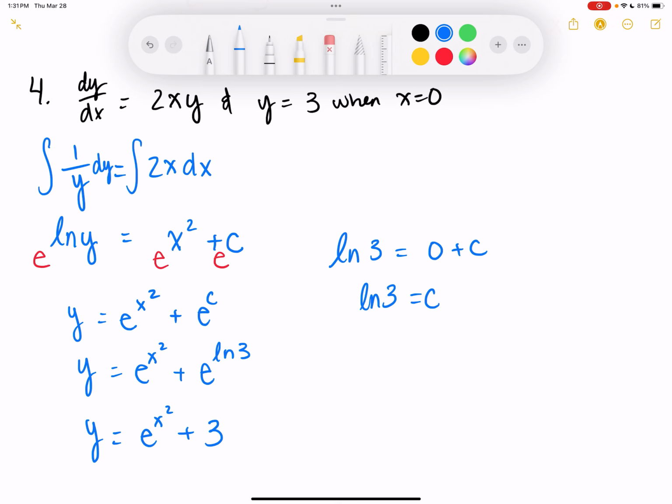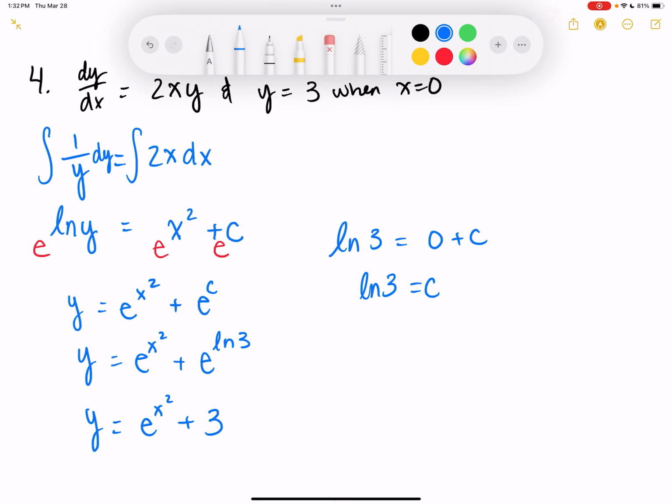But that's why it should have been like that, because then our final answer will actually end up being a little different. So at this point here, I'm going to make this plus c here, and get rid of that e there.